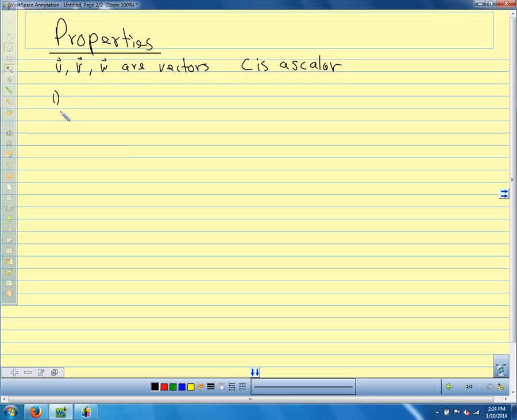Our first property: the order when we do our dot product doesn't matter. U dot v equals v dot u. When we talk about the other kind of vector multiplication, this property is not true. So we need to state it because it's not always true. We say our dot product commutes. The zero vector dot any vector is 0.